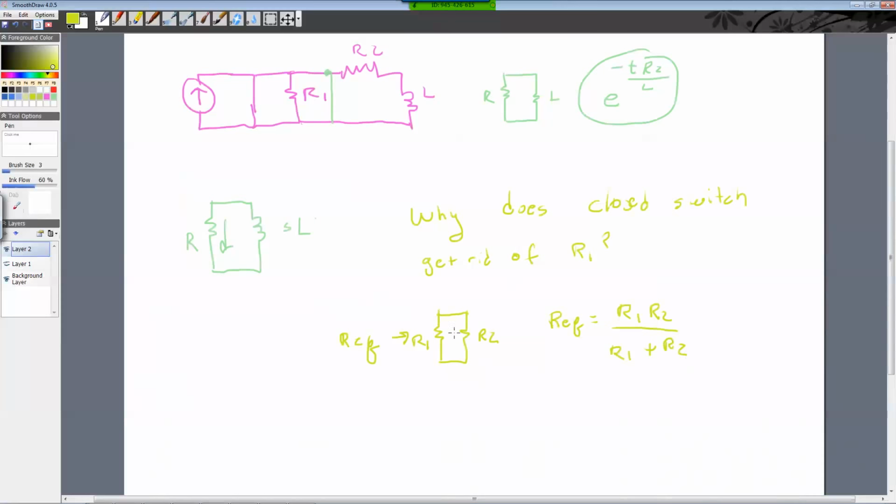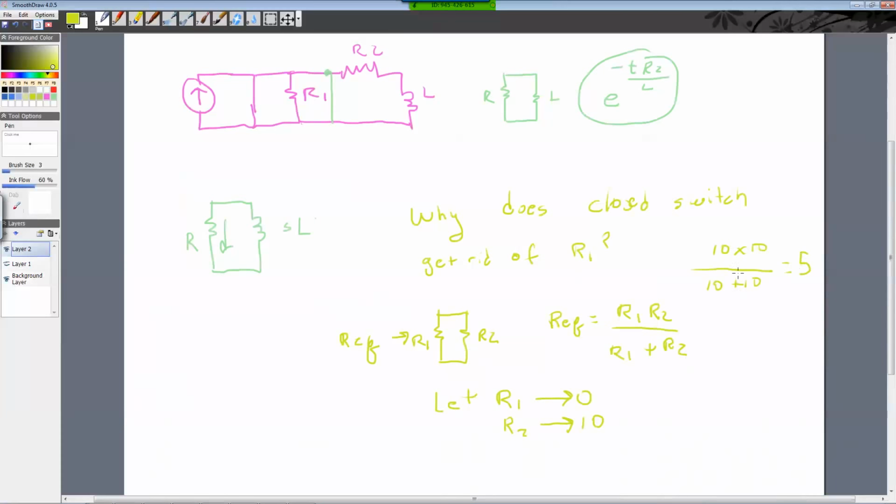Now, in this case, let R1 go to 0, and let's say R2, I'm just going to say 10. So we'll start off at 10 times 10 over 10 plus 10, which would give us 5.